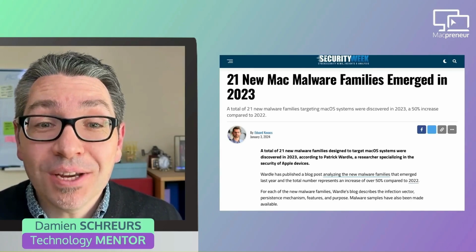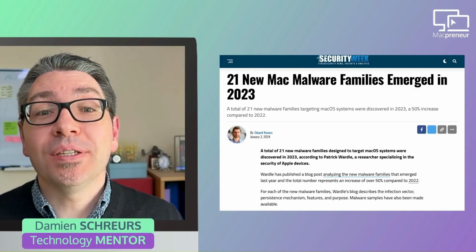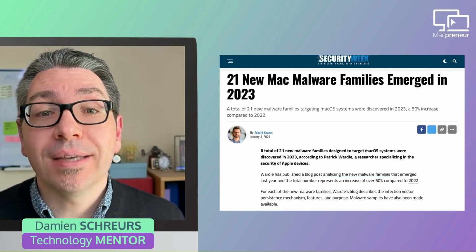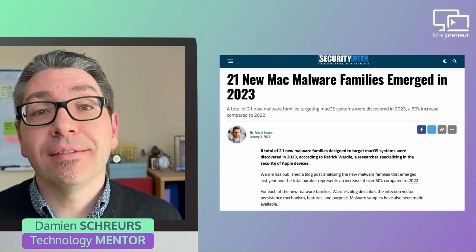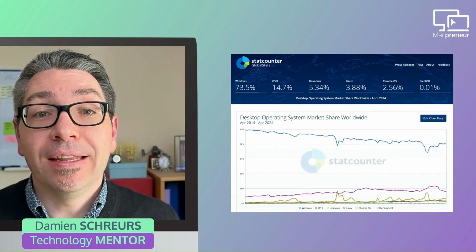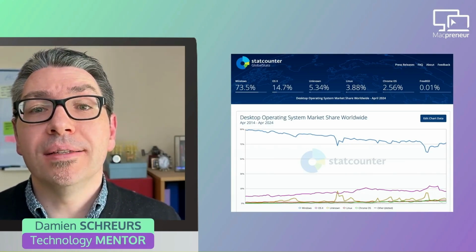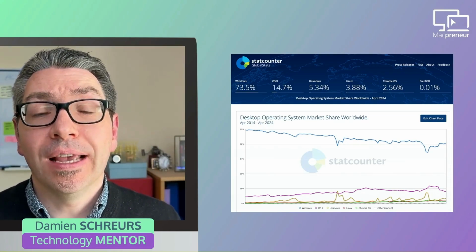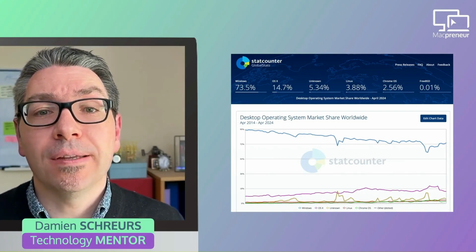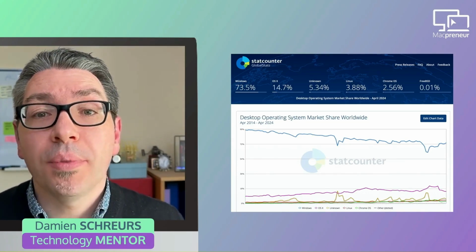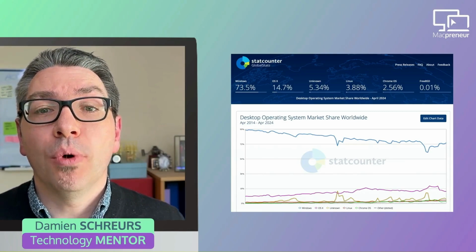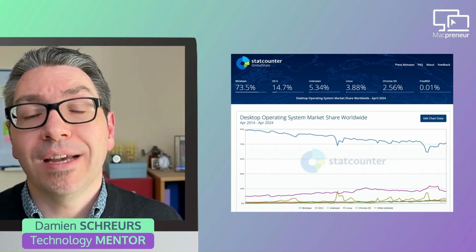However, it's not zero, and it will likely increase with the increased adoption of Macs by consumers and in the enterprise. And indeed, according to StatCounter, the market share of macOS doubled in the past 10 years and is now around 15%. So if it keeps going up, Macs will continue being more and more a target for attackers.